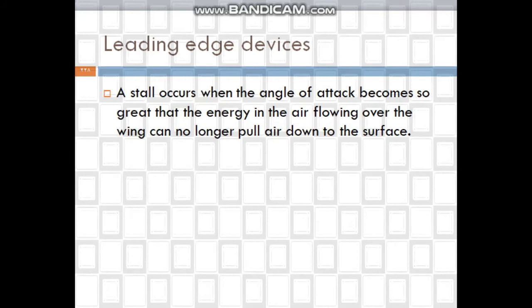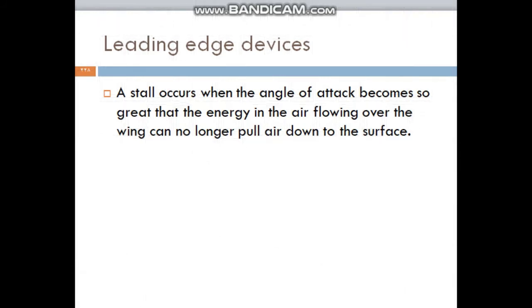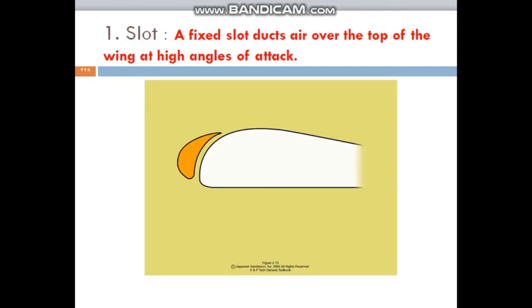Leading edge devices. A stall occurs when the angle of attack becomes so great that the energy in the air flowing over the wing can no longer pull air down to the surface. To fix that, we have a slot. The slot is a fixed duct that directs air over the top of the wing at high angle of attack.